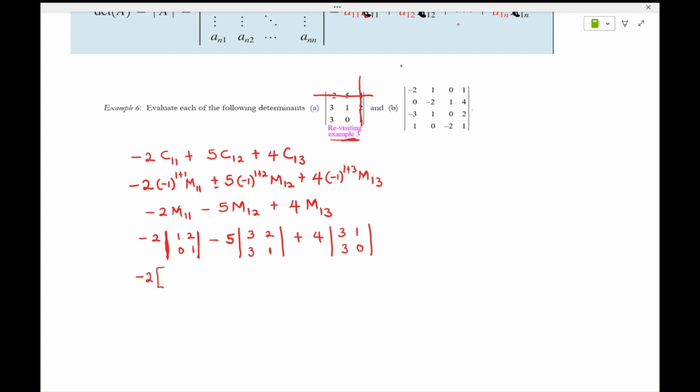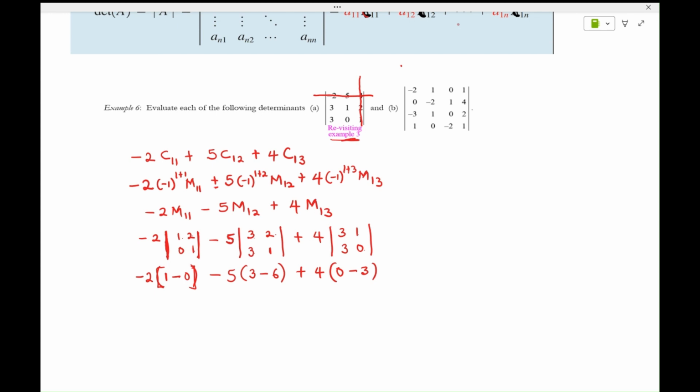1 times 1, this will be 1, minus 0 times 2, which is 0. Then minus 5, put a bracket. Here we have 3 times 1, which is 3, minus 3 times 2, which is 6. Then plus 4: you have 3 times 0, which is 0, minus 3 times 1, which is 3.